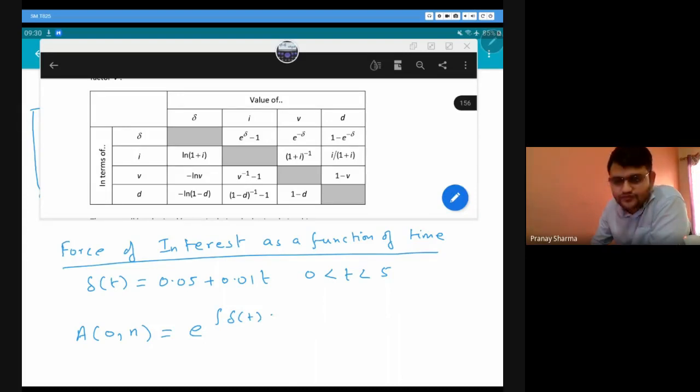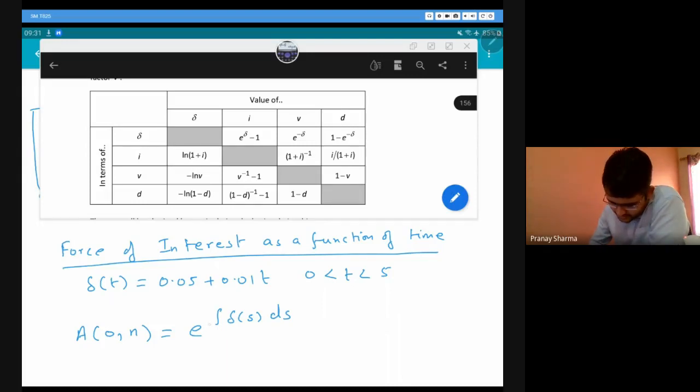Now instead of delta t dt, I always convert it into delta s ds, because we will be using t for other things in future. I wrote t here because in the question they will always write t, but while solving we'll convert it into s.